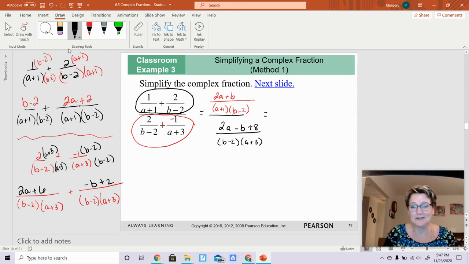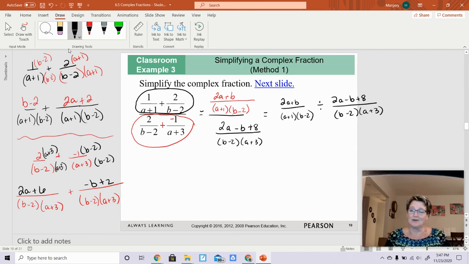So what you're going to do is you're going to have 2a plus b all over a plus 1 times b minus 2, divided by 2a minus b plus 8 all over b minus 2 and a plus 3. It's a lot of work, you guys.